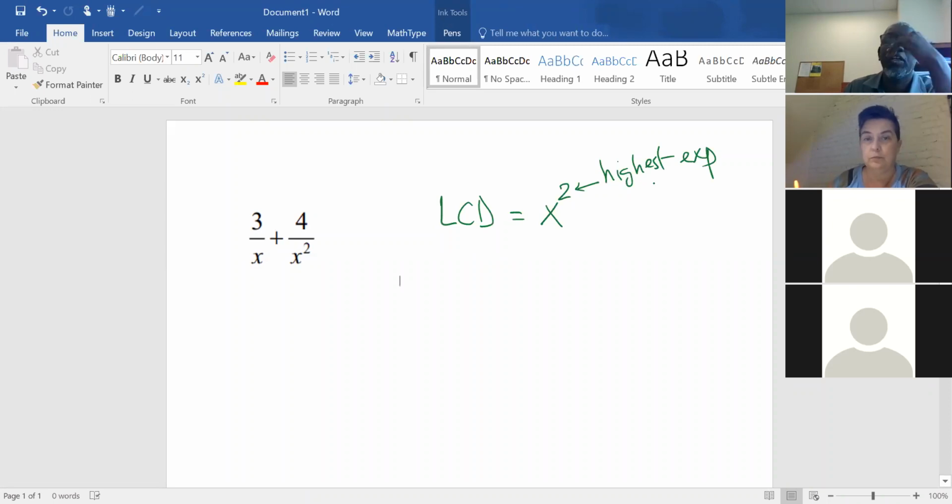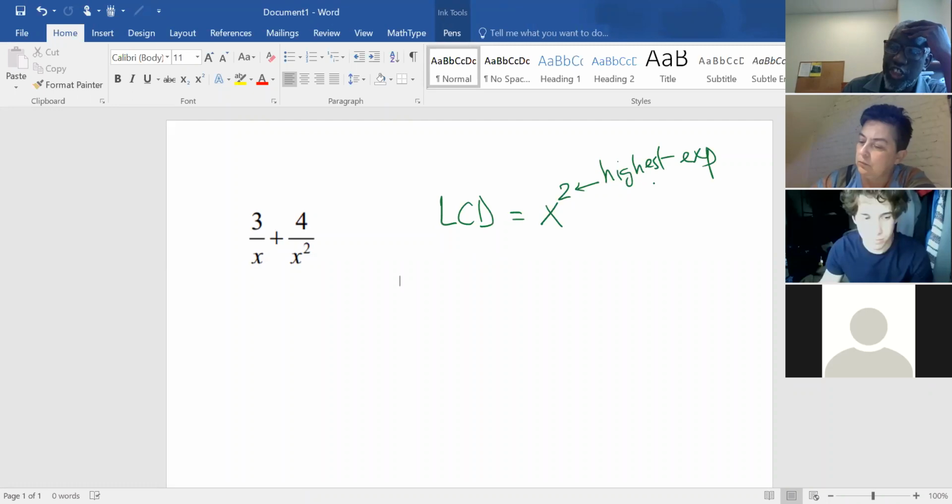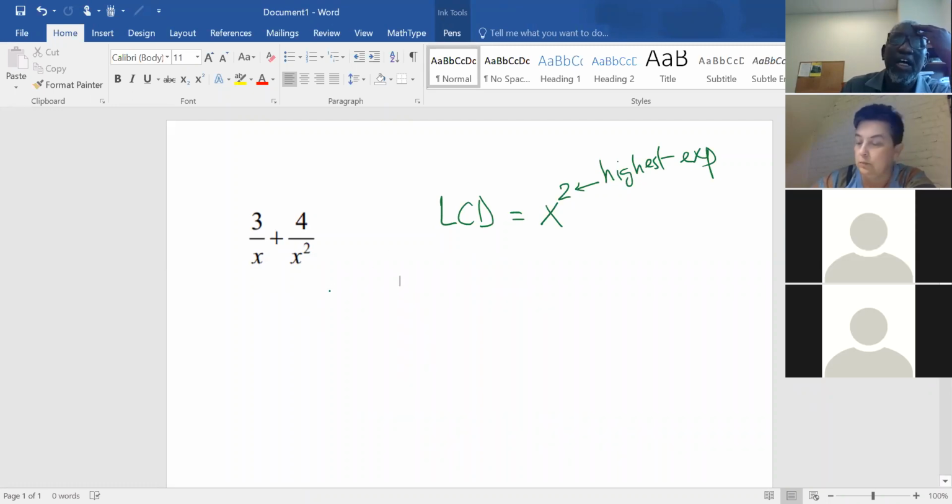Since it is x squared, now I have to change any denominator that is not x squared. I need them to become x squared. The first fraction, do I have x squared at the bottom yet?